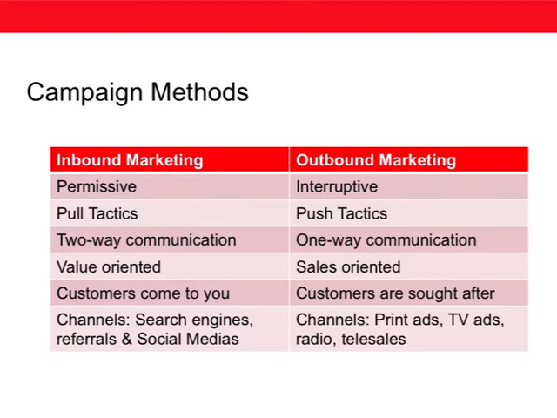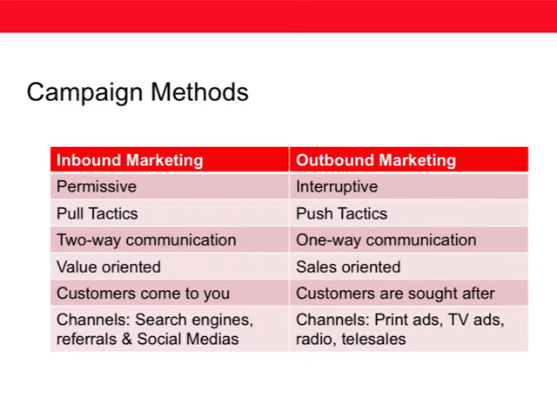The internet has returned power to the customer. The key to success in inbound marketing is transparency, honesty, and engagement. You must be transparent and honest about your products and services. And you have to engage with people who are talking about your brand, even when the comments are negative.